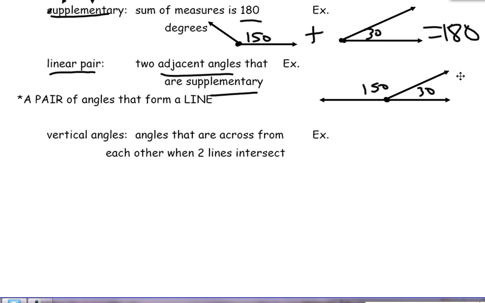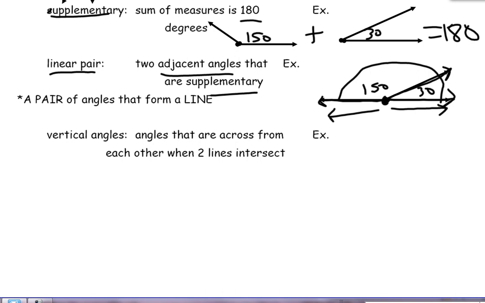You have adjacent angles with a sum of 180 degrees. 150 plus 30 is 180. And the way that you can recognize it is that each angle has a ray going in the opposite direction. So here's the vertex, and this ray is going this way, this ray is going this way. So you have opposite rays forming a straight line, and then you've got a ray coming out of that vertex.